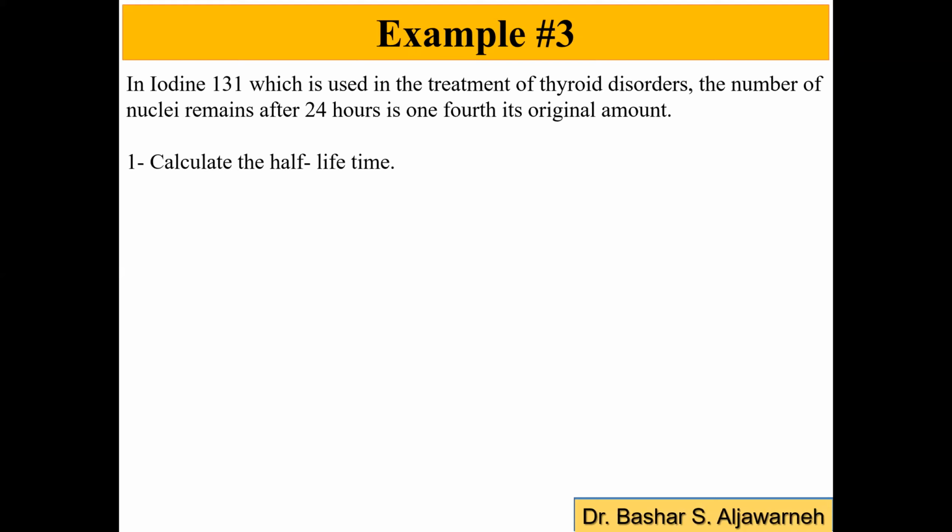We know the half-life time is ln2 divided by lambda. Lambda is unknown, so we need to go another way. From this statement, the number of nuclei remaining after 24 hours, which is N of t, is 1/4 N0.